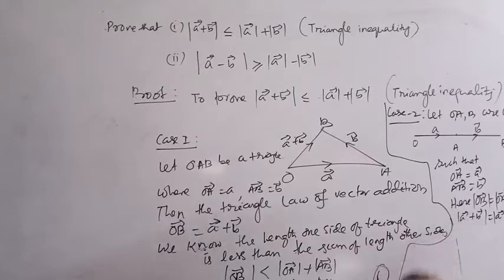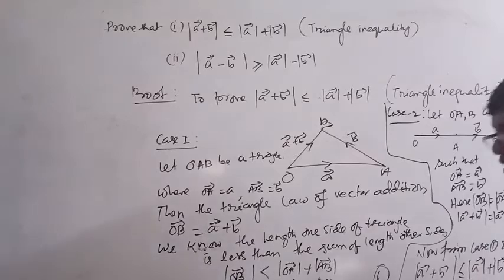Now from case 1 and case 2, we get the magnitude of A plus B is less than or equal to the magnitude of A plus the magnitude of B. Clear?